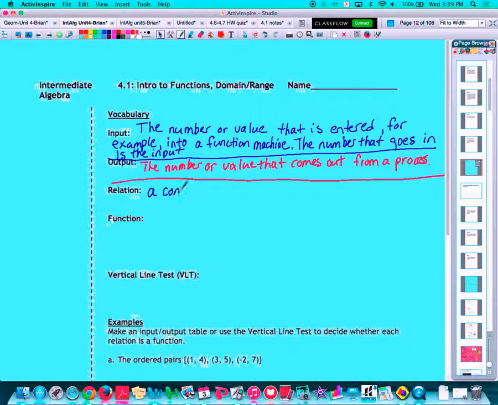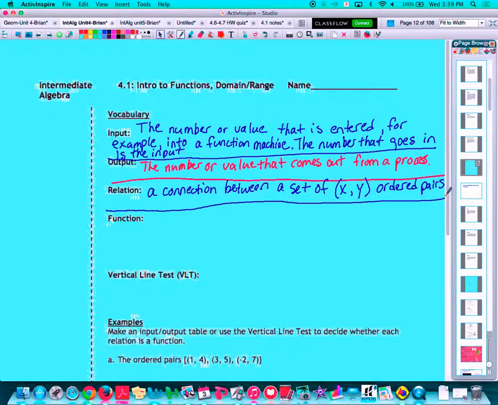So a connection between a set of x, y ordered pairs. Okay? In other words, a point. Every point has an x value and a y value. So the relation is just a connection that goes from x to y. Now relations can be functions or they cannot be functions.